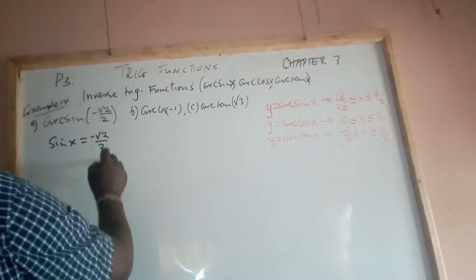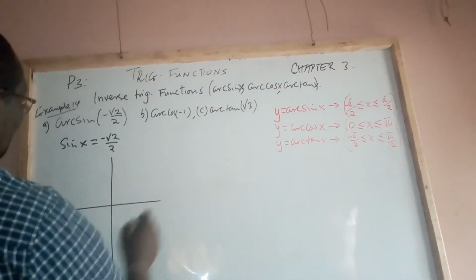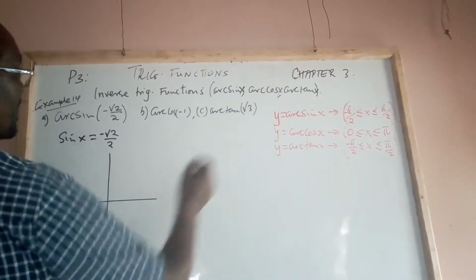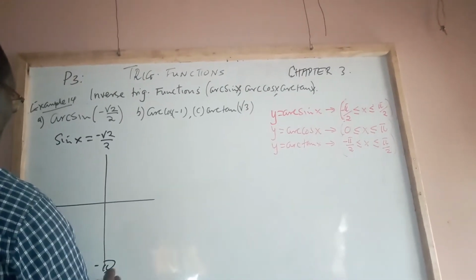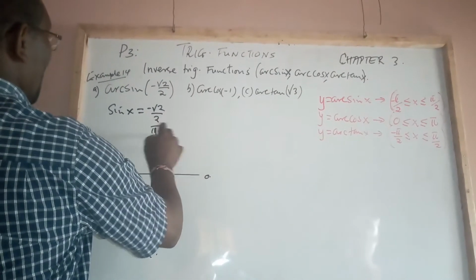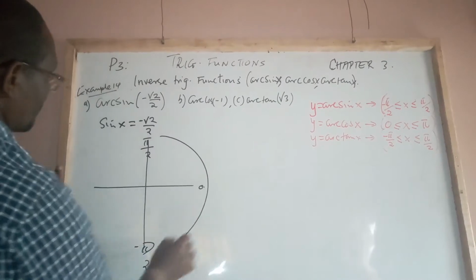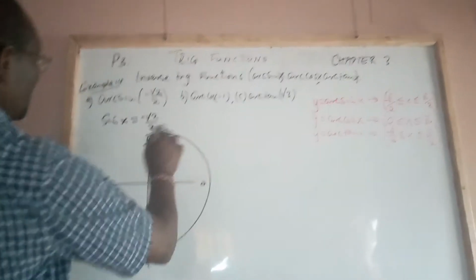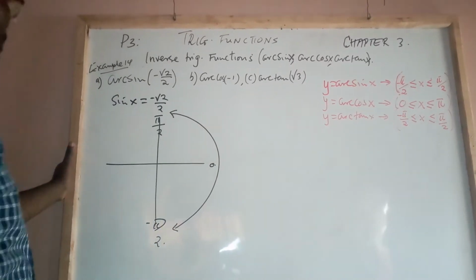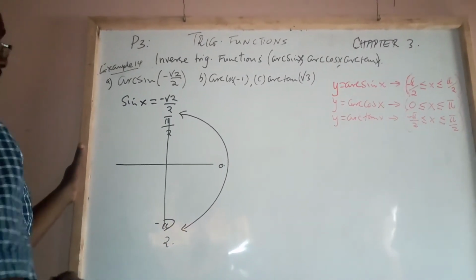That means, if we concentrate on that range, which is minus pi over 2, because this is 0, all the way to pi over 2, if we are to concentrate within those quadrants, then our x should be lying within that range.